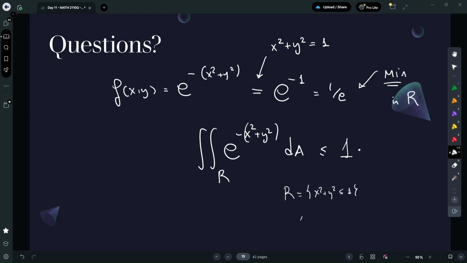So the area of the region is just pi r squared. So it's pi times 1 squared. So it is pi. So the entire integral is less than or equal to pi, and it is bigger than the minimum value of the function times the area of the region, which is pi.